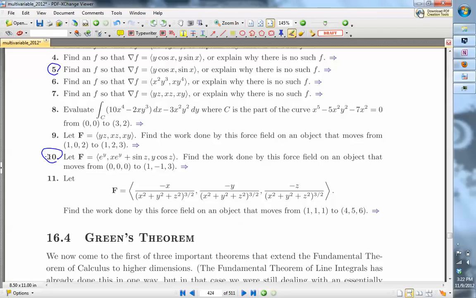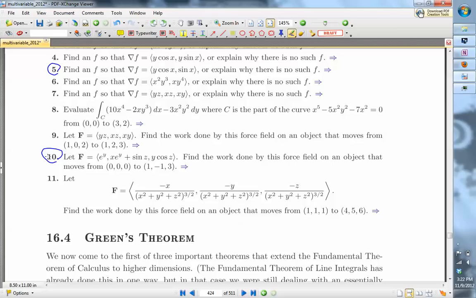All right. So the first thing we have to do, let's read number 10. We've got this vector field, which is quite complicated, and you're asked to find the work done by this force field on an object that moves from 0, 0, 0 to 1, negative 1, 3.